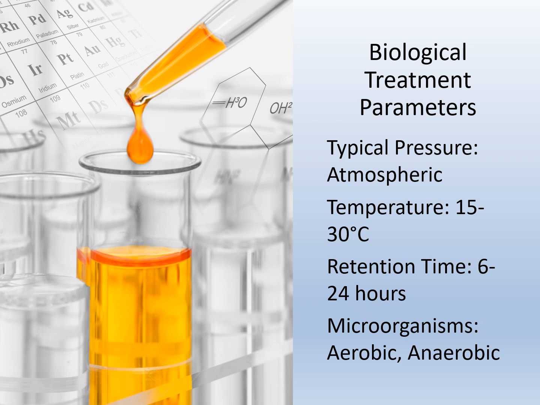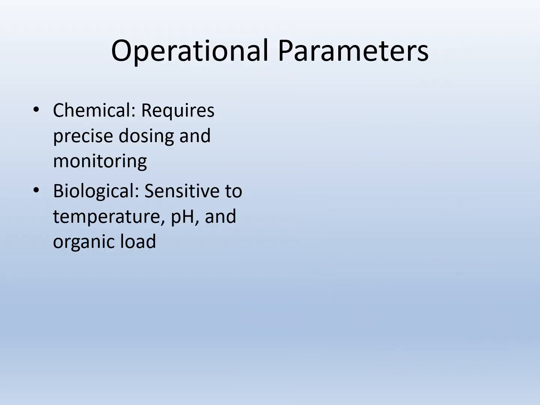Biological treatment parameters: typical pH, temperature 15 to 30 degrees C, retention time 6 to 24 hours. So this is very different. The microorganisms are aerobic and anaerobic. Operational parameters: chemical requires precision dosing and monitoring, while biological is sensitive to temperature, pH, and organic load.